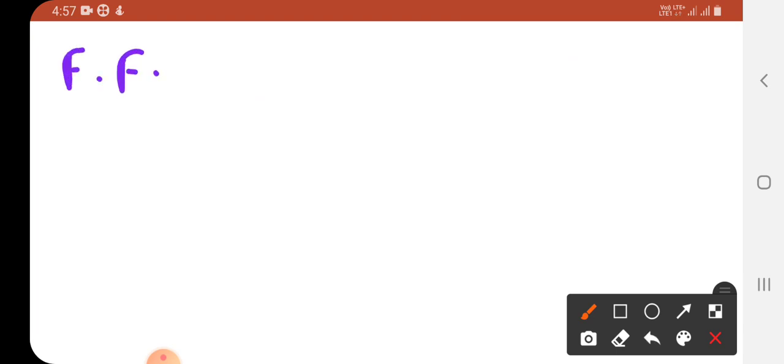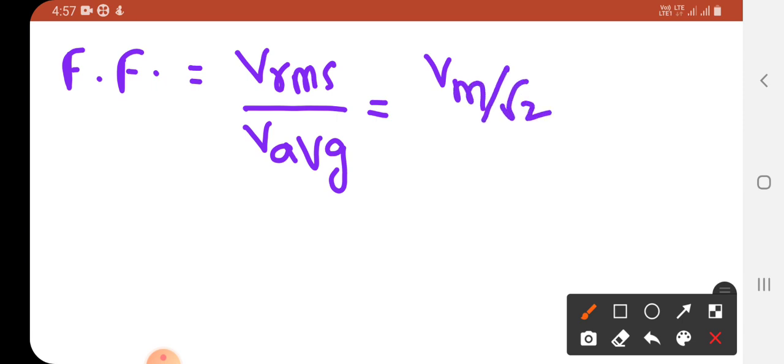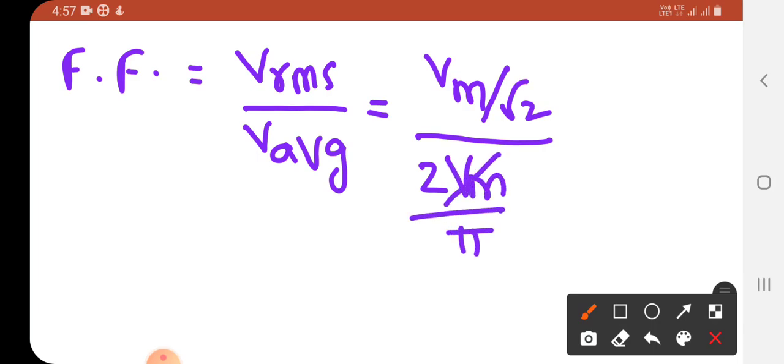Form factor is equal to VRMS by V average. VRMS is Vm by root 2 and V average is 2 Vm by pi. Vm gets cancelled. Therefore this value is pi by 2 root 2. Here you should not substitute pi equal to 180 degrees.